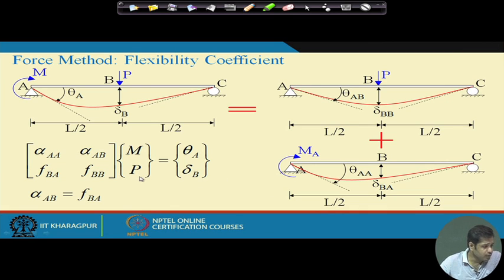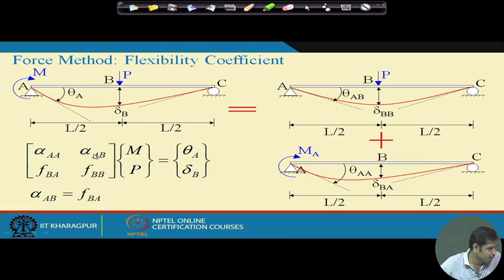We also saw that this is the flexibility matrix, and all these coefficients alpha and F are flexibility coefficients. We also saw that this matrix is a symmetric matrix.